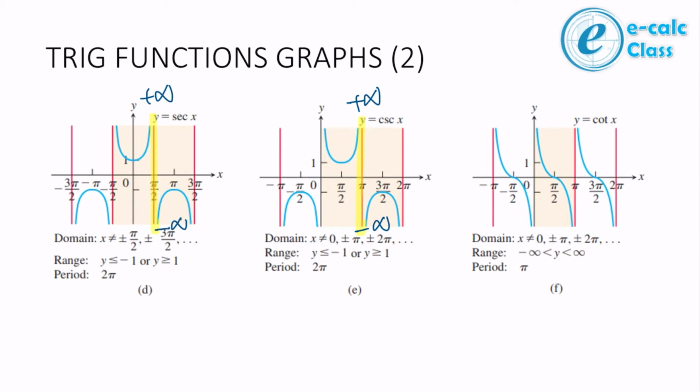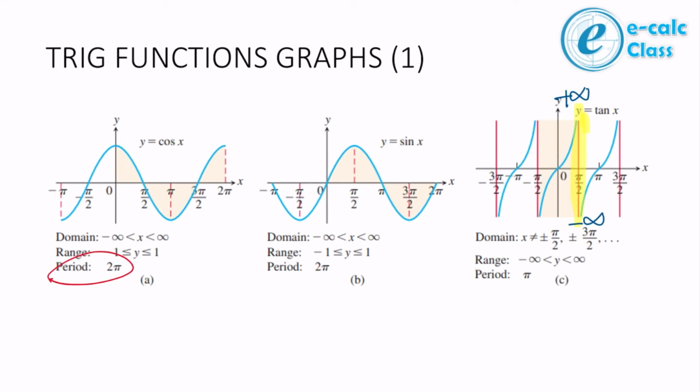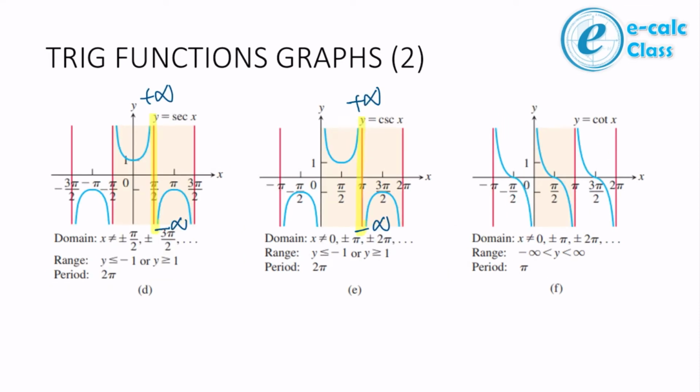Then for cotangent, the graph looks very similar to that of tangent, just that it is now going downwards if you want to describe it that way. So for cotangent, also at pi, if you approach from the left, it is negative infinity. If you approach from the right, it is positive infinity.